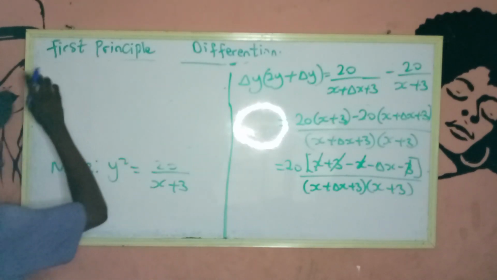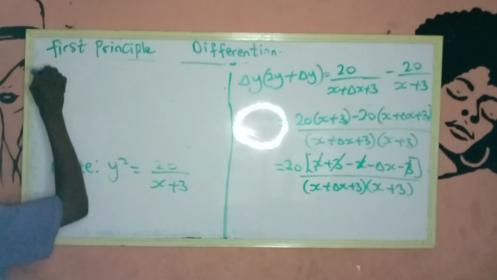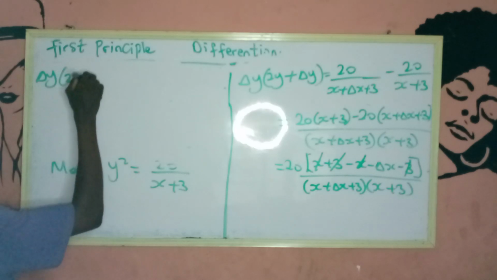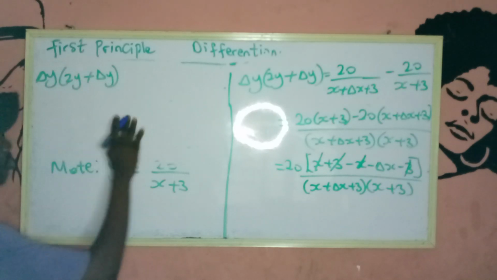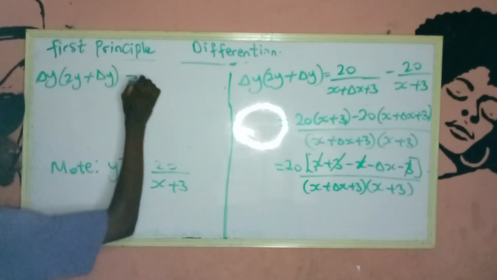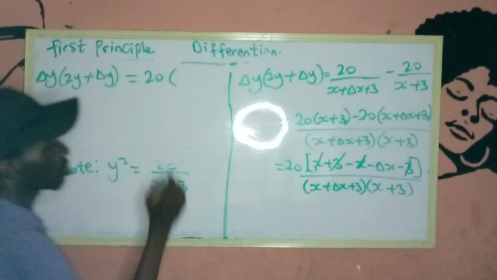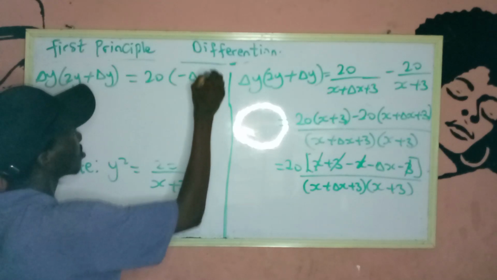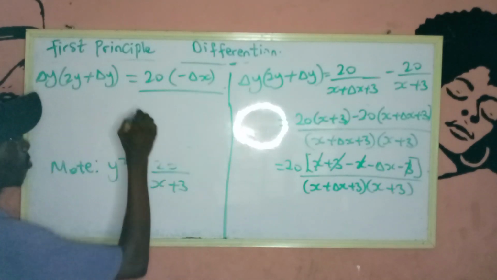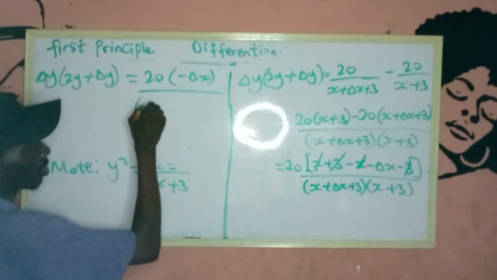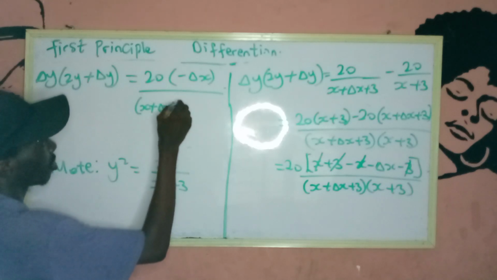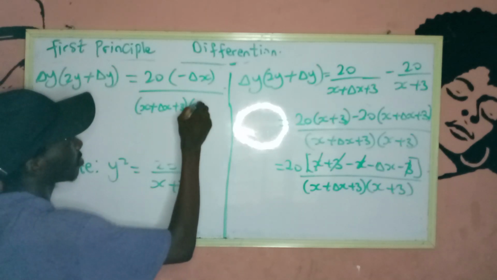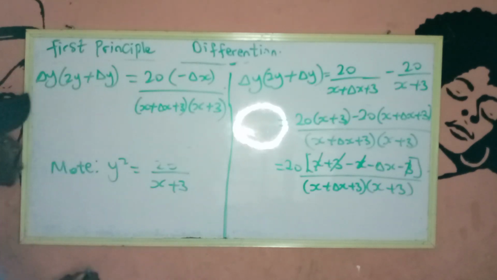From there, you have change in y times 2y plus change in y equals 20 times minus change in x in the bracket, so I'll have change in x here, and here I'll have x plus change in x plus 3 times x plus 3.